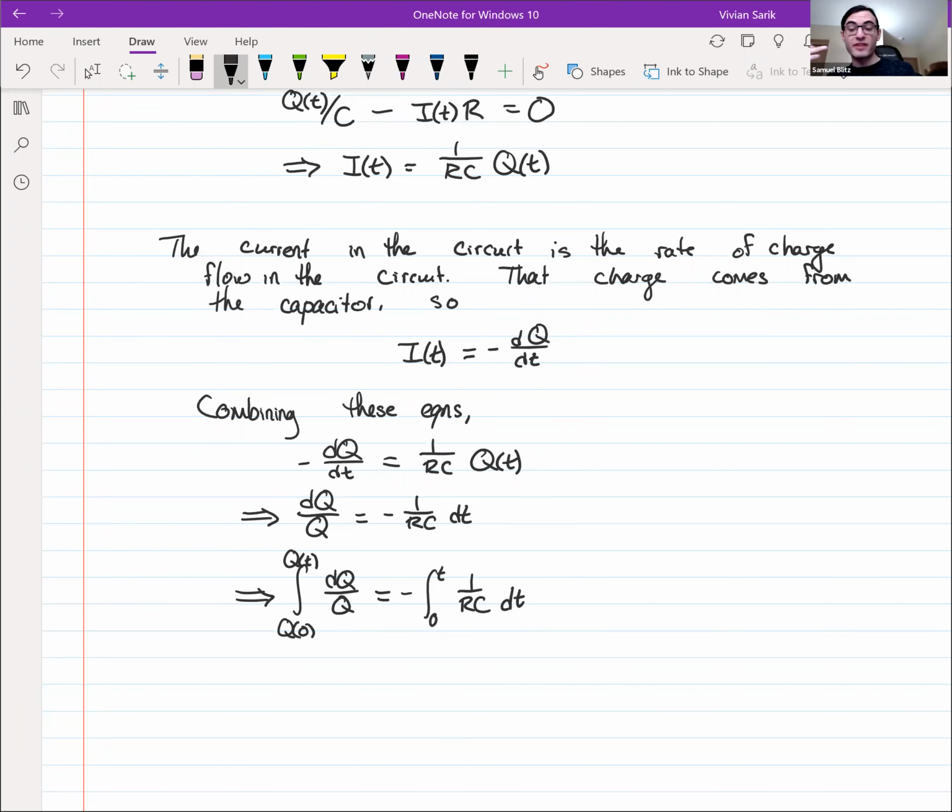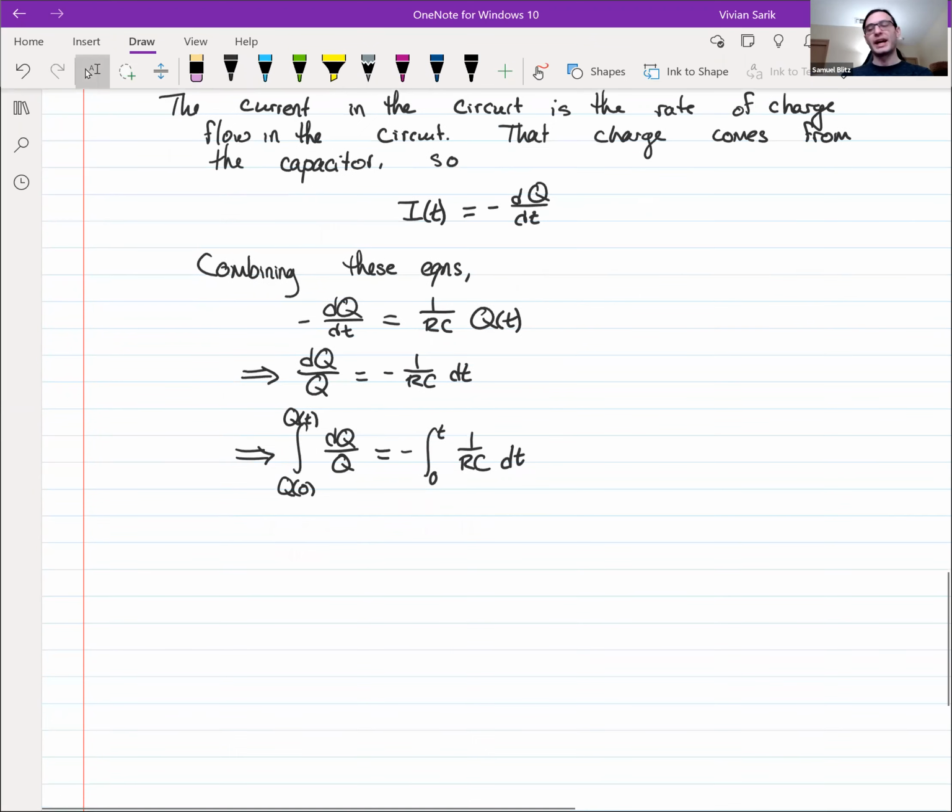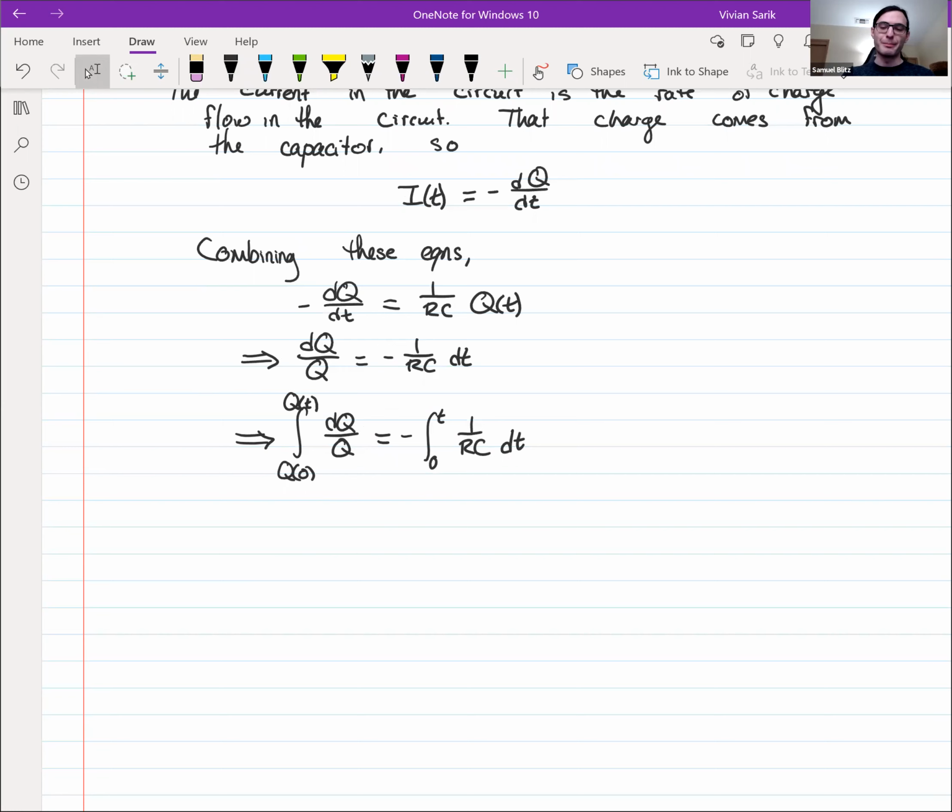So now this is just a definite integral that we can do on both sides, right? And you might get mad, like maybe I should put a prime there. Technically, that's probably correct, but I'm not going to, because what is this, a math class? Basically, yeah, it is. Anyway, so we can do the left-hand side. It's just the integral of dx over x with some bounds.